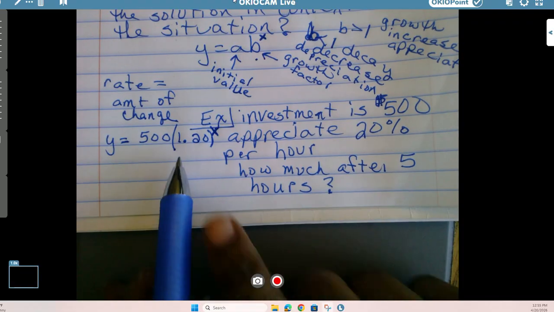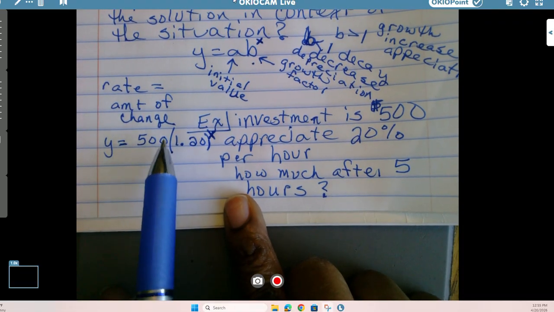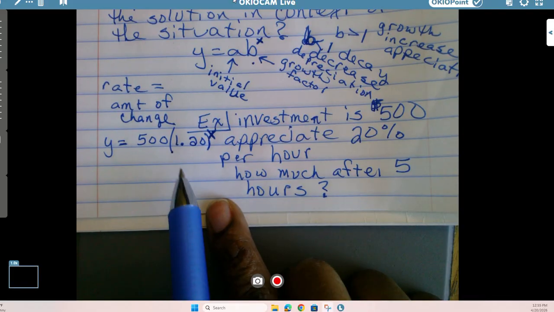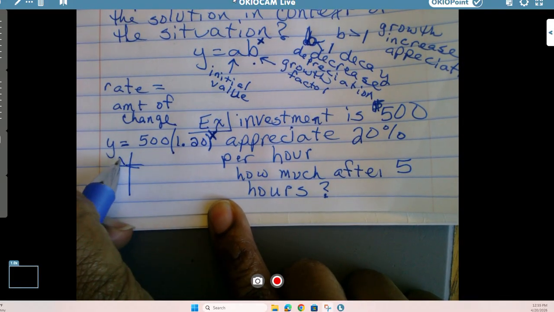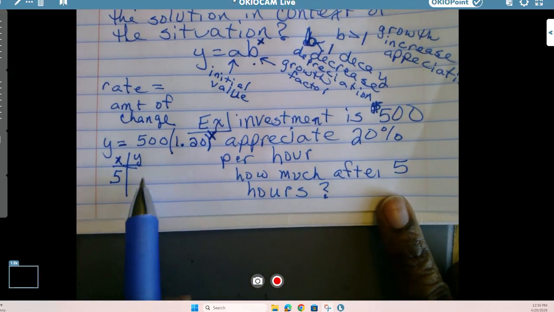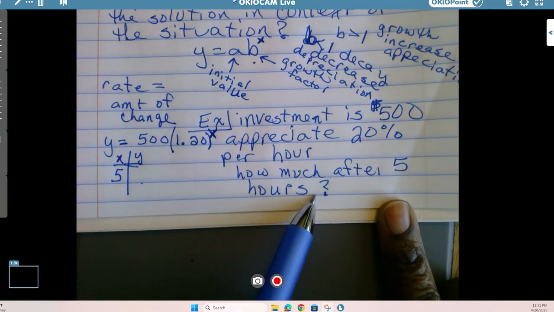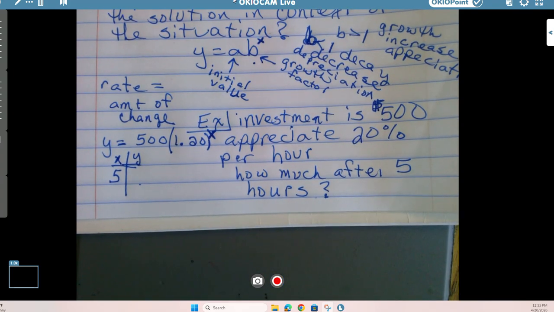You're going to go to Desmos and type this equation in. Then you're going to press settings and table. Once you get the table, you're going to key in the number 5, and you're going to tell me what the output will be for 5 hours later. I'll give you a minute to do that.